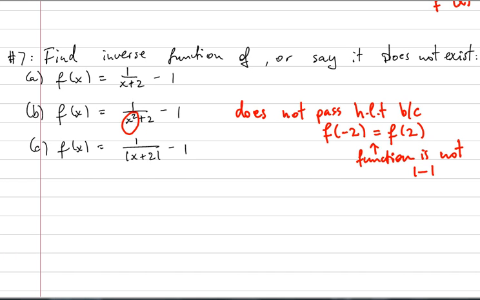Same reasoning applies to part C. Because of the absolute values, we'll find two x's that go to the same value.